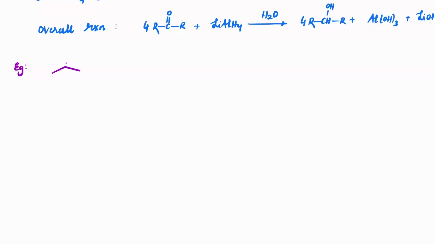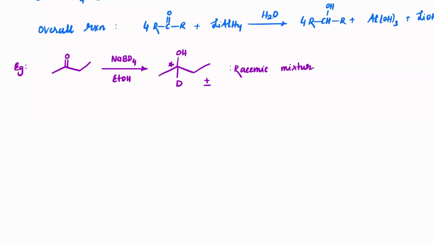Take this example. If you have a ketone like this and you are reacting with NaBD4 in ethanol, then you know that you will get OH here and D here, and since it is a chiral center, you'll have plus and minus, so you end up getting a racemic mixture.